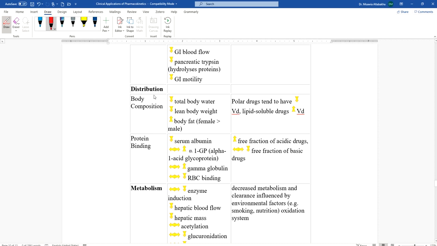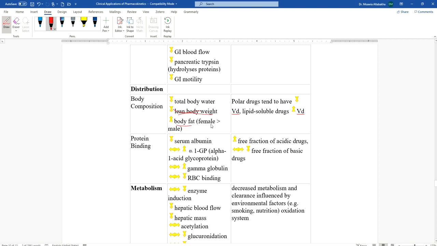لما نحكي على distribution, we need to talk about body composition والbinding, لأنهم بيأثروا, they affect where the drug gets distributed. Now, regarding the water, the percentage of water in the body, this decreases along with the lean body weight. طبعا lean body weight هو the total body weight minus the body fat. نحكي له lean body weight.